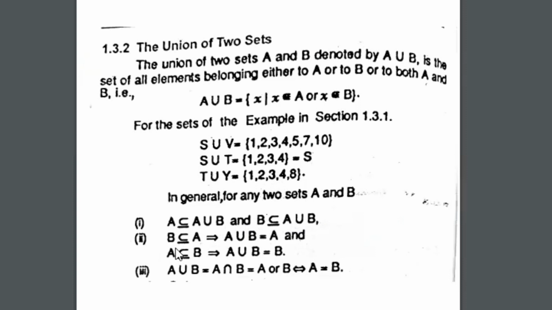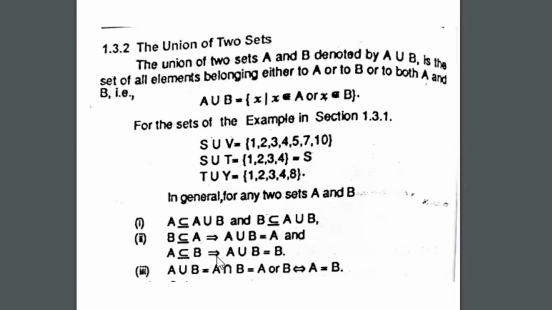The second is: if B is a subset of A, then A union B equals A. The third: if A is a subset of B, then A union B will be equal to B. And in the fourth, A union A equals A, and if A equals B, then A union B is A or B. You can prove that by example.